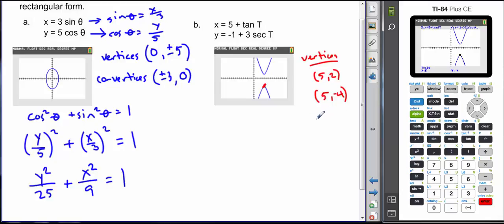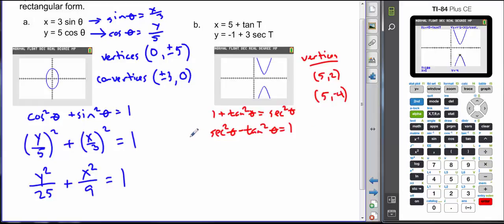Now, we sort of use co-vertices to graph hyperbolas by hand, but we're not going to spend the time to find those on a problem like this. It's really not that useful to us. Before we solve, I need to tell you where we're headed. Remember this Pythagorean identity, 1 plus tangent squared theta equals secant squared theta. If we rewrite that, secant squared theta minus tangent squared theta equals 1.